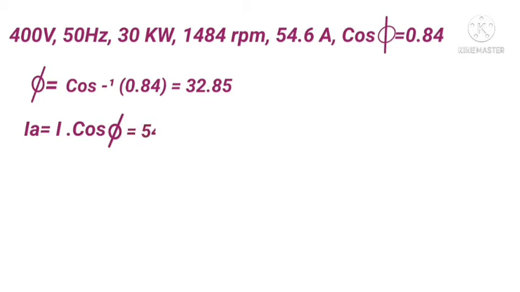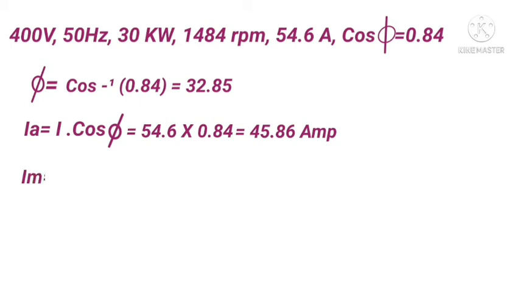So by putting the values, the rated current, which is given as 54.6, multiplied by 0.84, it will be equal to 45.86 ampere. So this is the value of the active component from the rated current of 54.6 ampere. The active component is only 45.86 ampere.